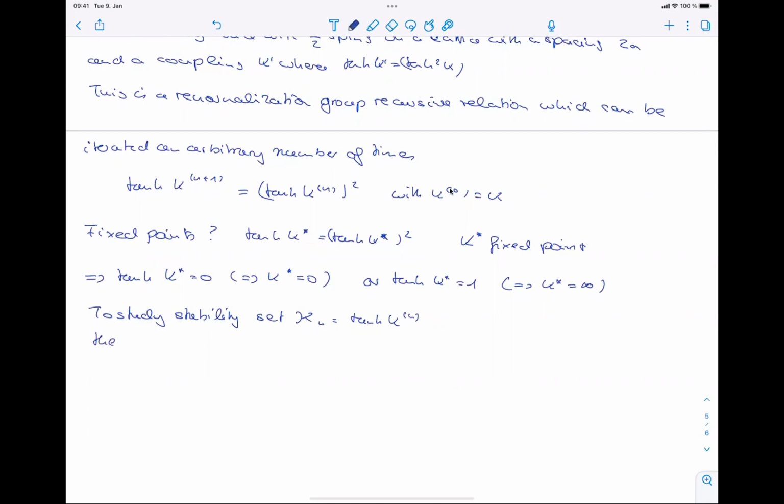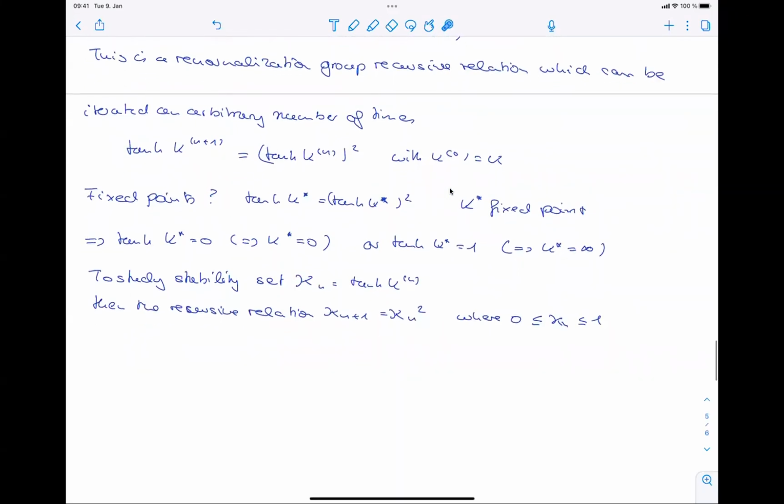And then the recursive relation with this kappa definition becomes that kappa_{n+1} is kappa_n squared. And now we know that this kappa_n, given how it's defined, that tanh for positive interaction can only be between 1 and 0, right? That's the values that this can take, so that defines this kappa.